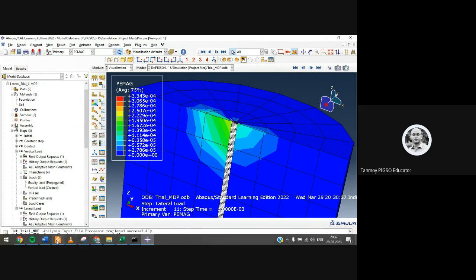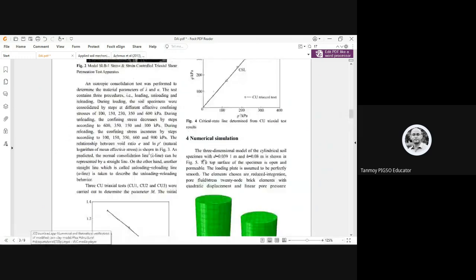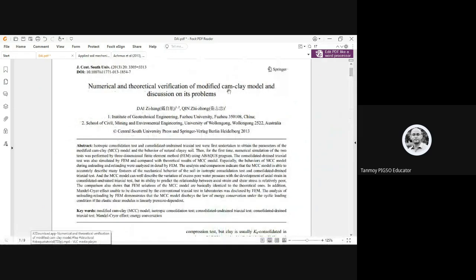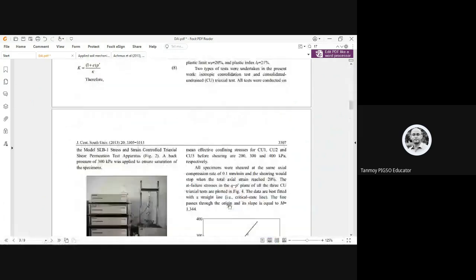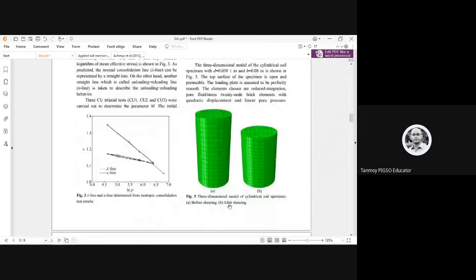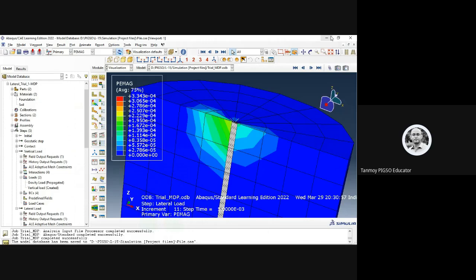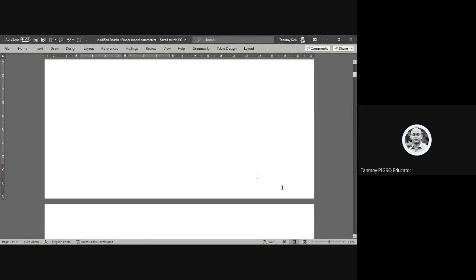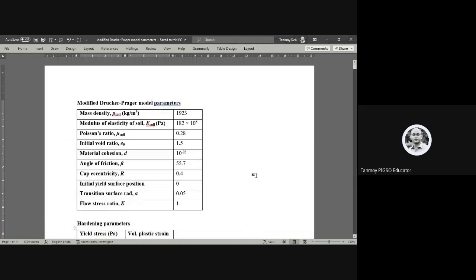Now I was trying to simulate this paper with the modified Cam-Clay model. I was getting some errors which I could not solve before the class. So we'll meet tomorrow for half an hour, and we'll discuss the theory of the Cam-Clay model and solve one or two problems.